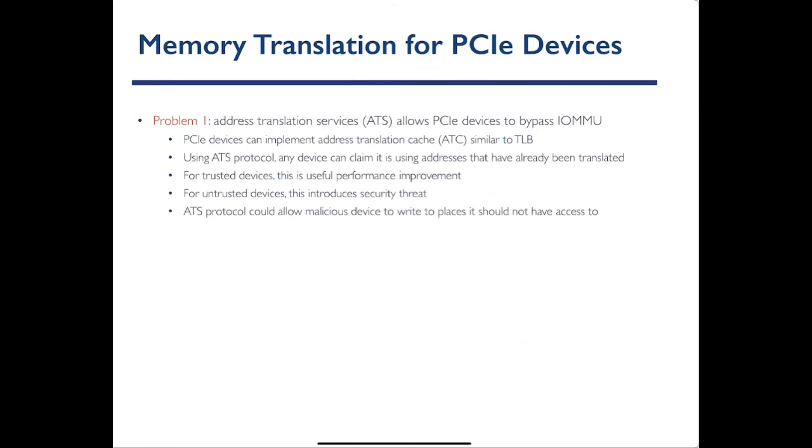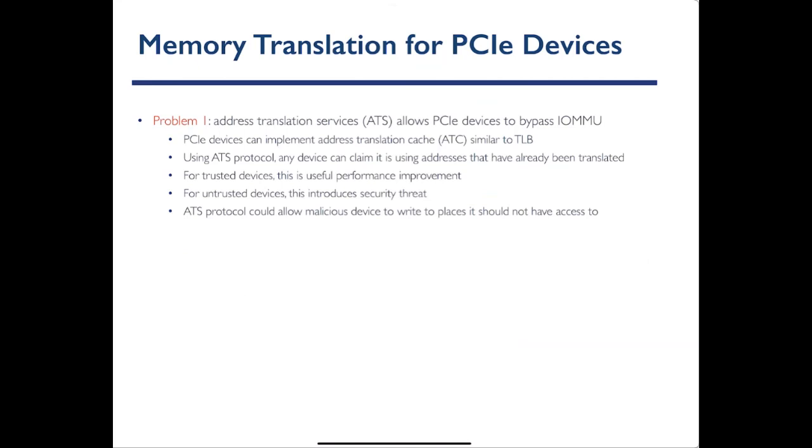What does that mean? The TLB, if you remember, was a cache for virtual to physical address translation. Once we go to the MMU and translate our virtual address to a physical address, we probably want to cache that translation so that next time we don't need to translate it. The same happens with the IOMMU.